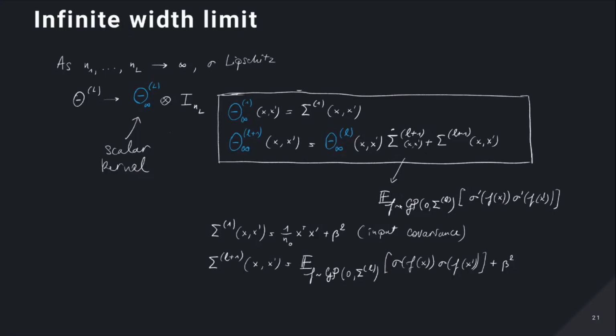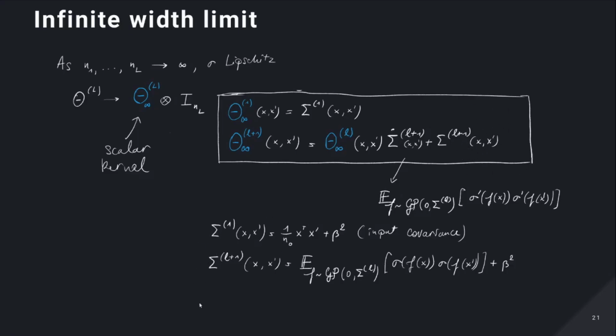I'm taking f from the previous layer, and taking the expectation of sigma prime, the derivative of my activation function, evaluated at these, and I'm also adding the input covariance for the same layer.